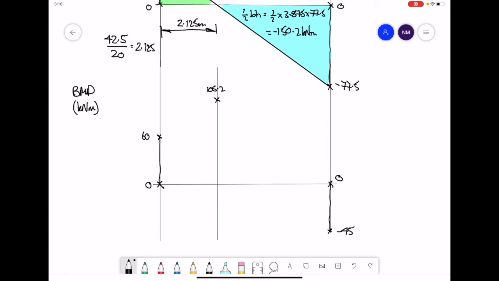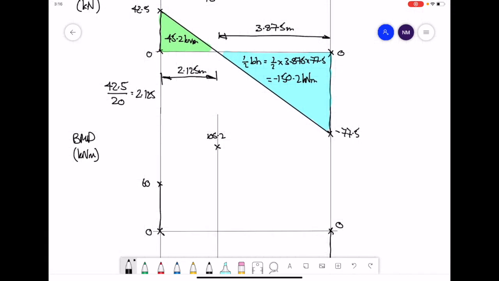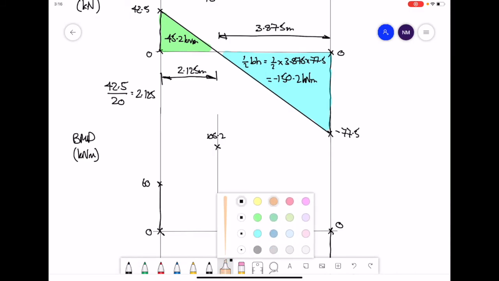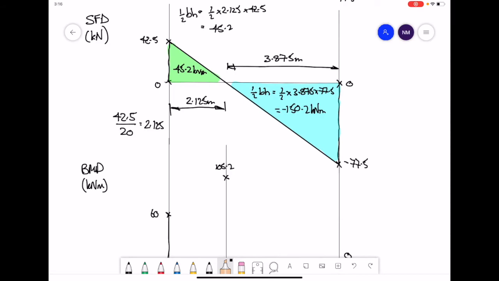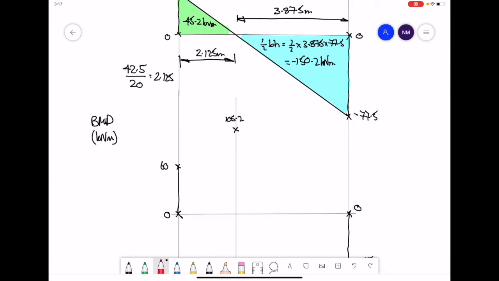Now we've got 3 points, and we need to consider how you would actually join them together. To do that, we consider the value of the shear force. The value of the shear force gives you the gradient at any point on the bend moment diagram. So let's consider the shear force value we have at the start of the beam, 42.5 positive. So that tells us we've got a positive gradient at the start of our bend moment diagram.